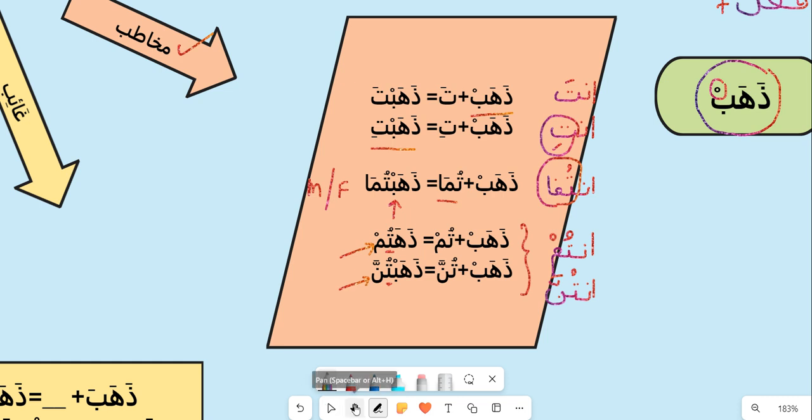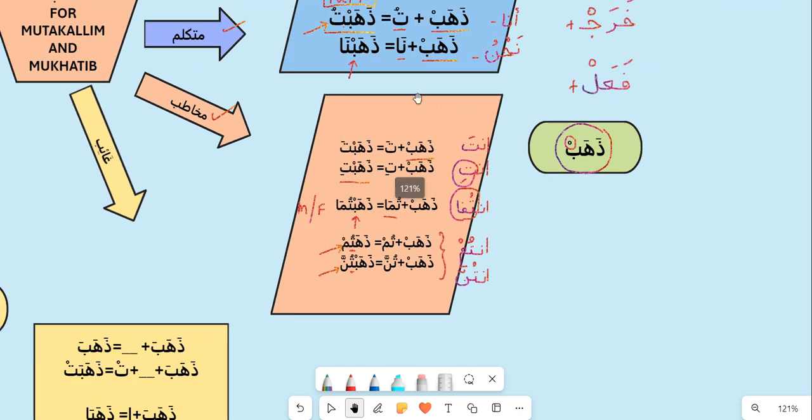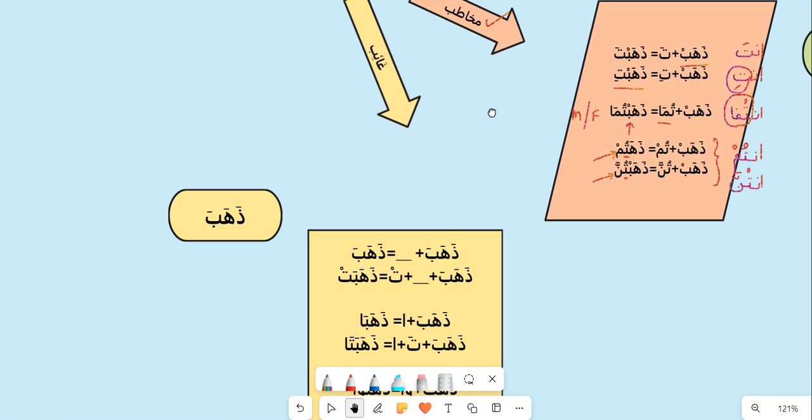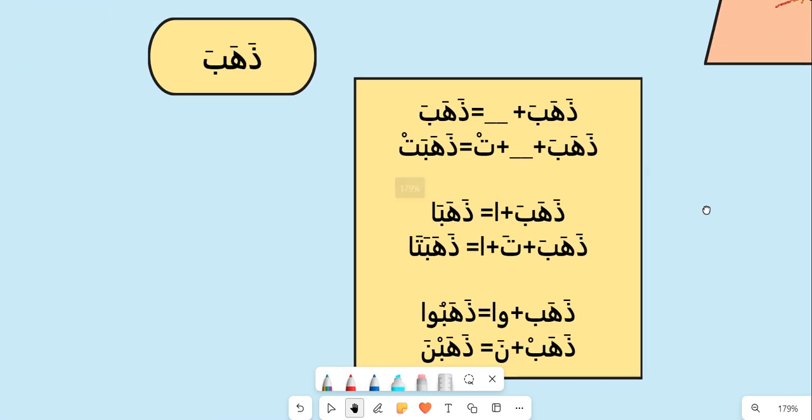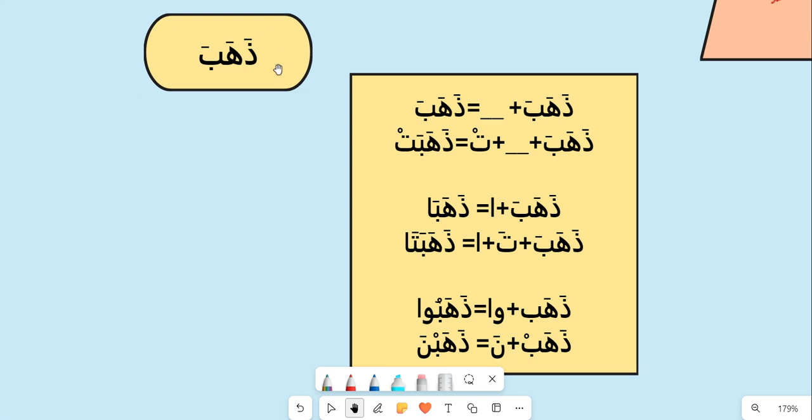Now coming to the ghaibs. Now we completed the mutakallim and the mukhatib with one structure, that is dhahab. So the structure you used here was dhahab. Now when we come to the ghaib, the structure that we will be using here is the dhahaba. The structure goes back to the original verb form, that is dhahaba.